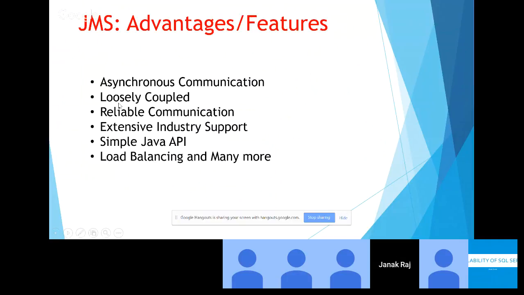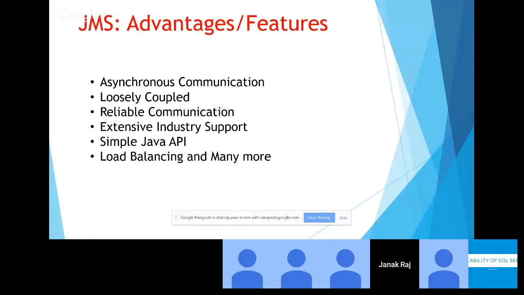Okay, and JMS is loosely coupled. JMS has the ability to decouple related systems. Instead of sharing the database, the systems will be communicating across the system boundaries. And the communication in JMS is reliable.